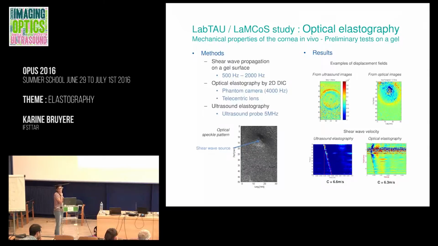Okay, so last question. Also on this slide, you're looking at the cornea. Have you also looked into the difference between your method and, for example, a similar measurement using optical coherence tomography, OCT?